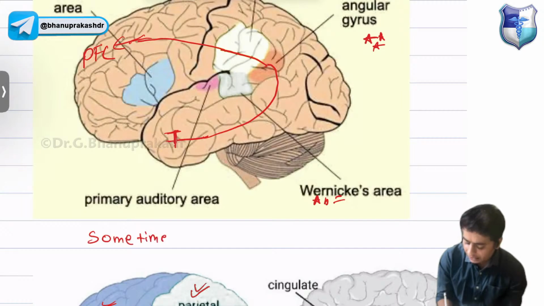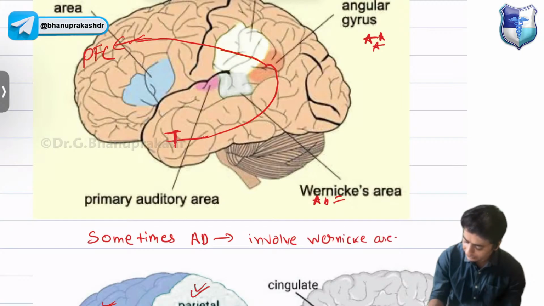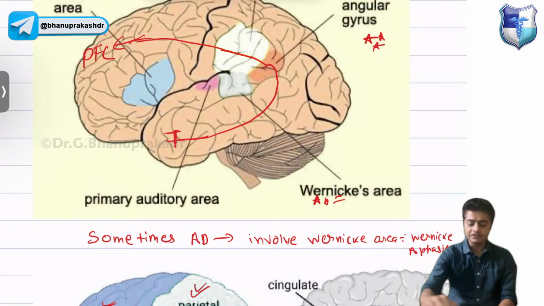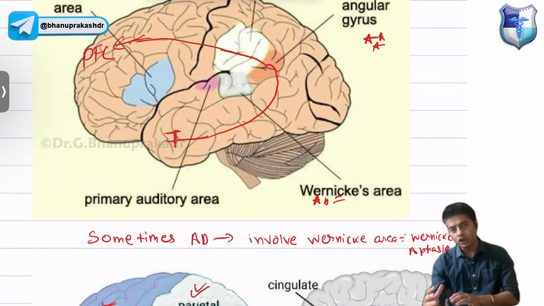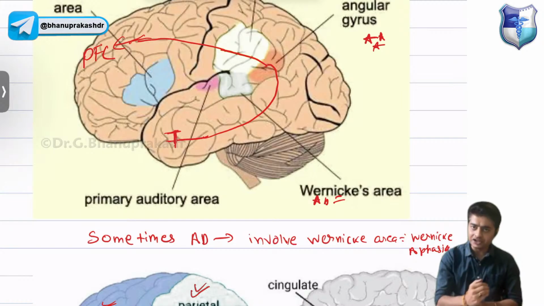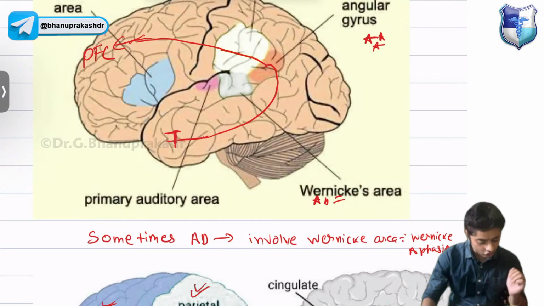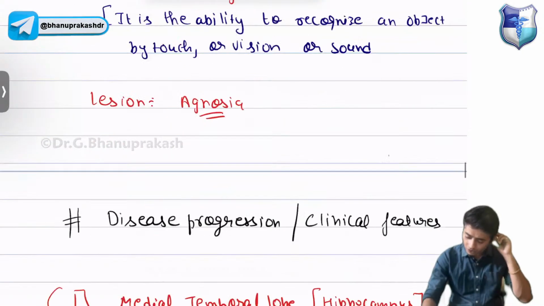And we will be studying about aphasia in our next lecture. Okay. So this is how the disease progresses. First, memory impairment, then your language is gone, then your visuospatial disorientation, and then your executive function is gone.